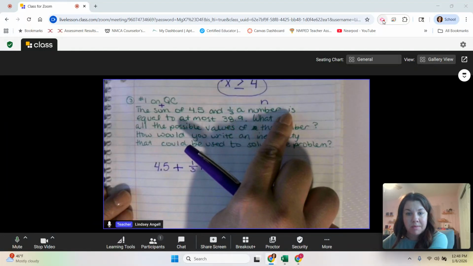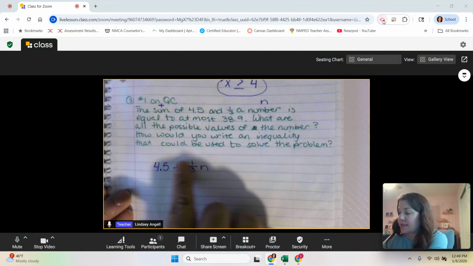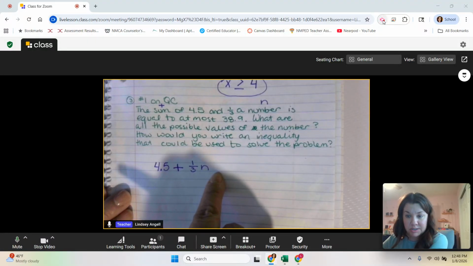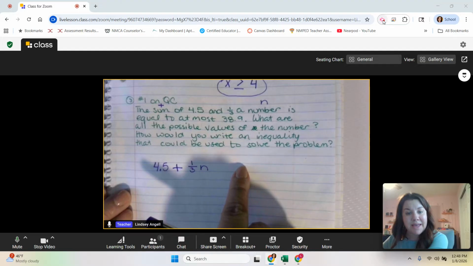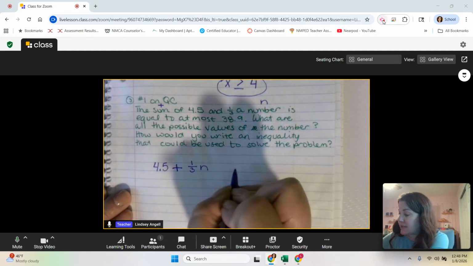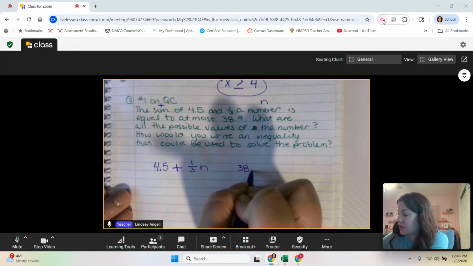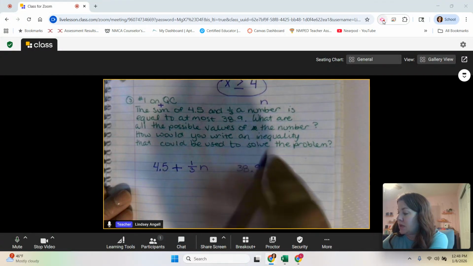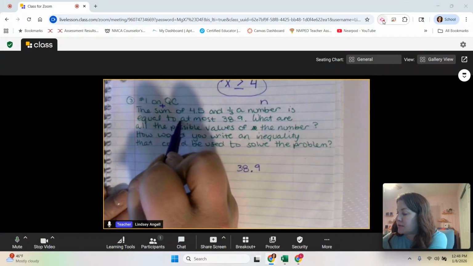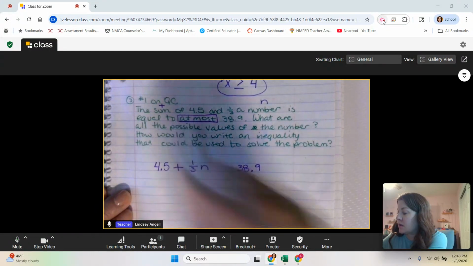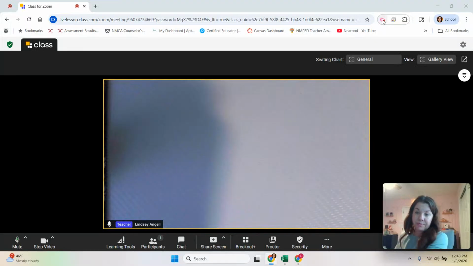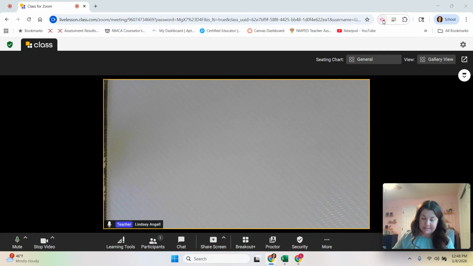So once the problem says is equal to, that's when you know you're getting ready to find your symbol, and then whatever's left goes on the other side. So in this case, the other side is going to be 38.9. So at most, let's go look at our other phrases. Okay.